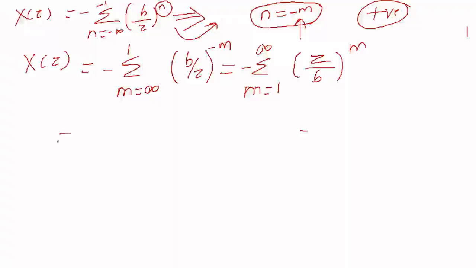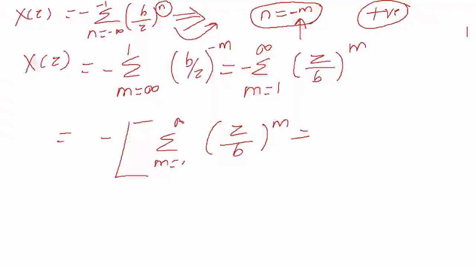So again this equation I can write as z by b power m, plus 1 minus 1. Here I have artificially brought in plus 1 minus 1.